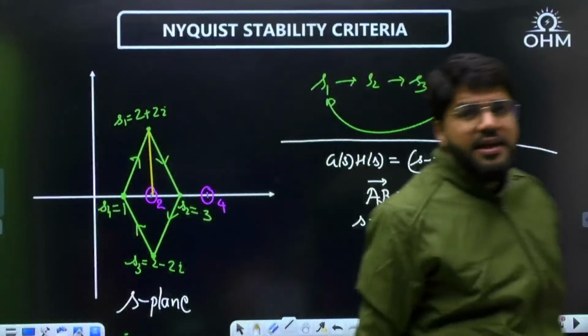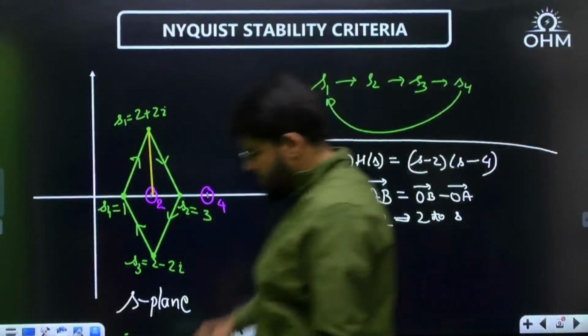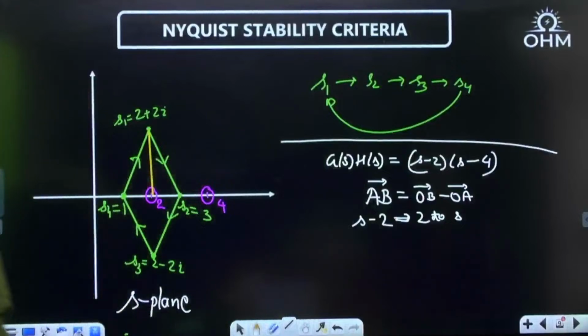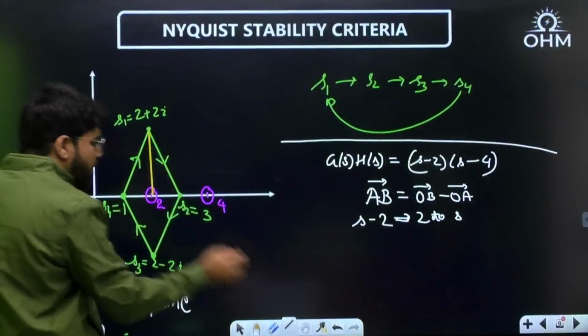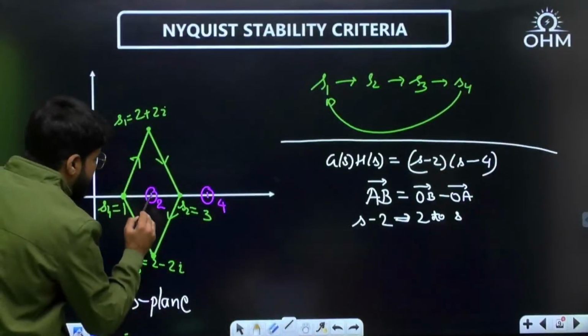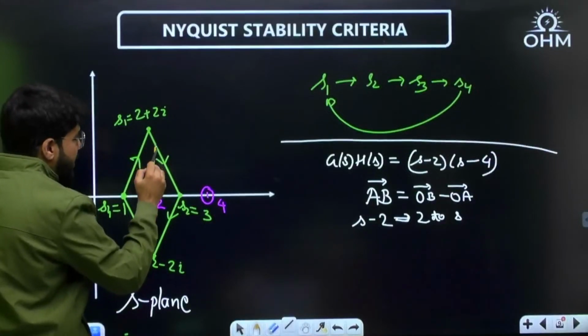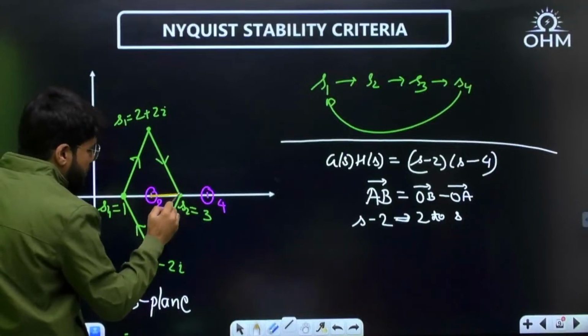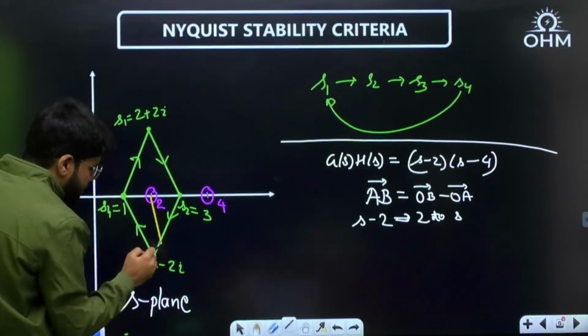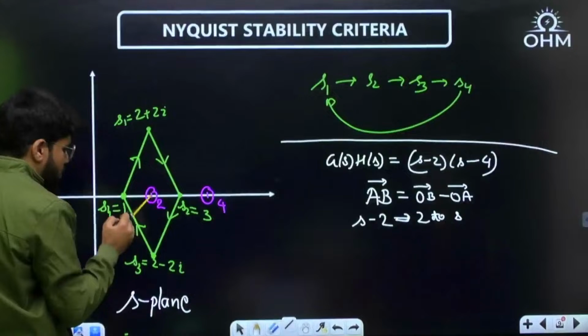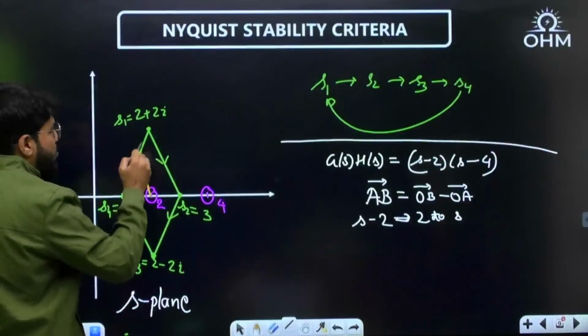When I move along the closed path, how is this vector going to move? Please see now. Once again, let me draw this vector. When I take S from S1 to S2, then I go to S3, then S4, then I come back to S1.